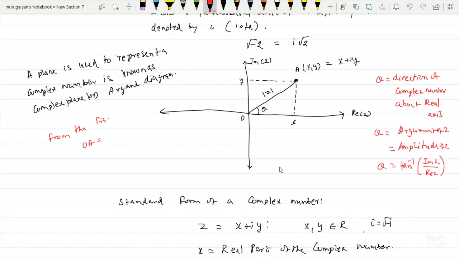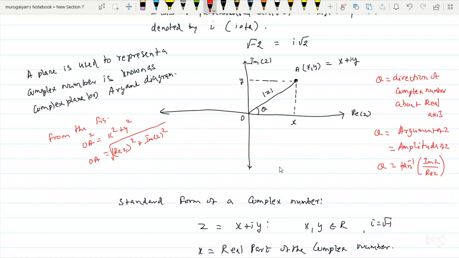OA square is x square plus y square, or real part of Z square plus imaginary part of Z square. What about OA? Take the positive root.